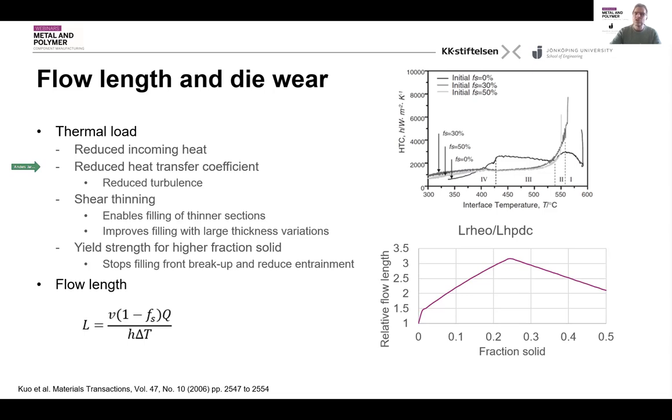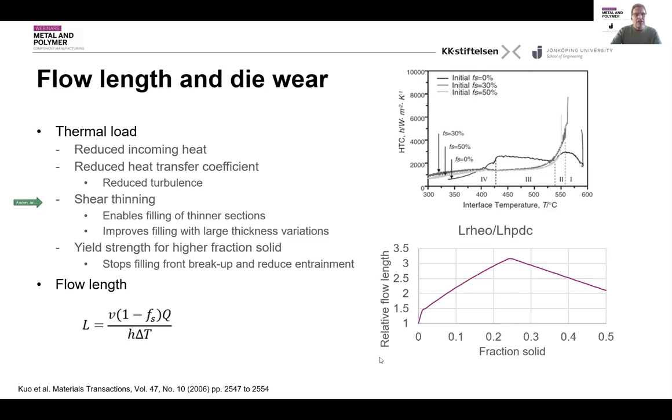So if you have a certain heat extraction ability by the die, the temperature difference between the die and the melt becomes higher in order to drive that heat transfer. And that means also that the surface temperature of the die is being reduced, together with the fact that you actually have reduced turbulence. So this all affects the heat transfer to the die.